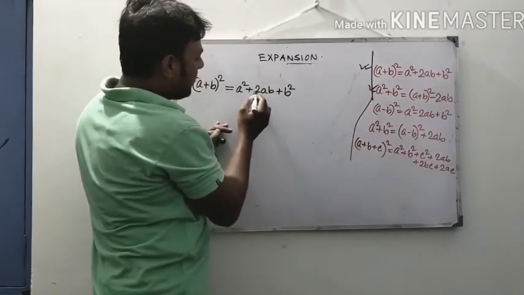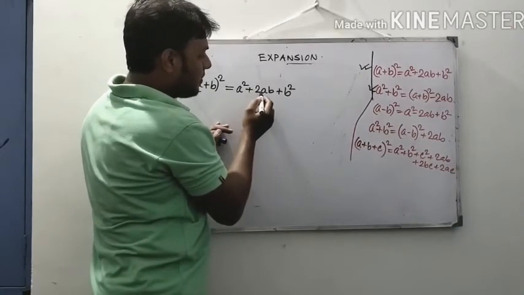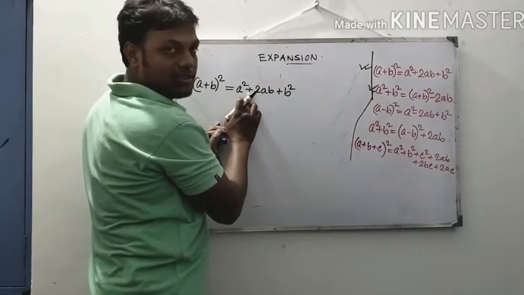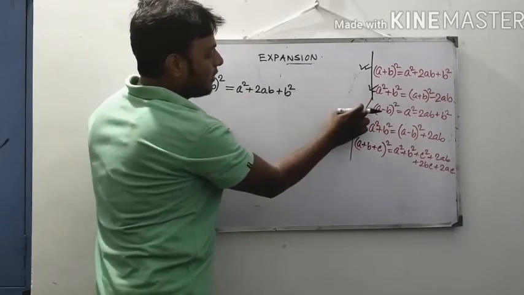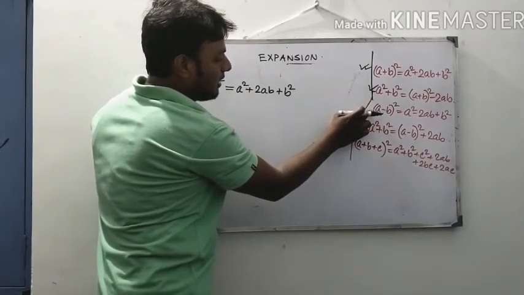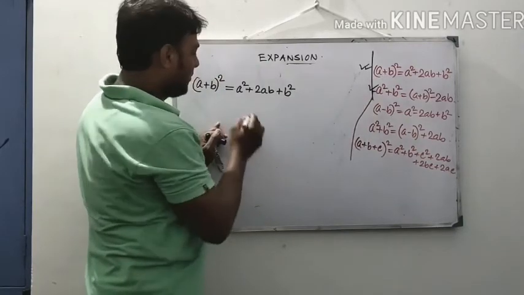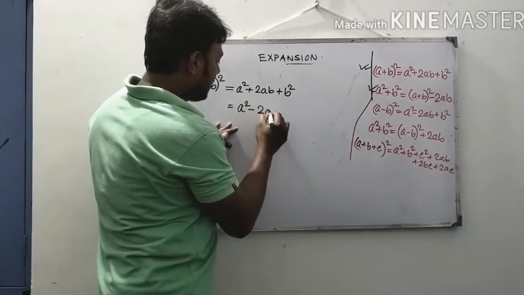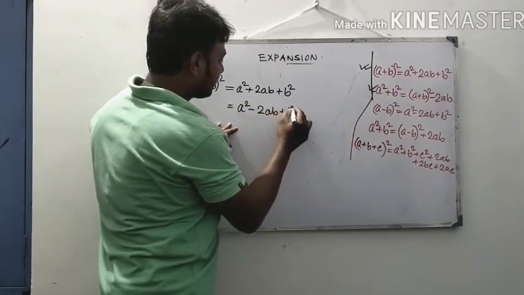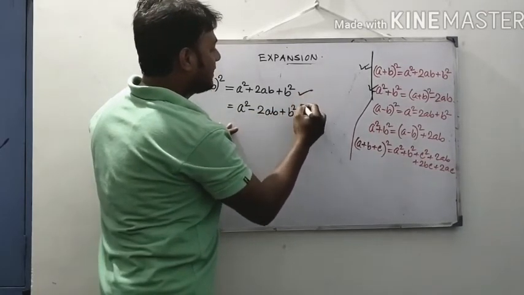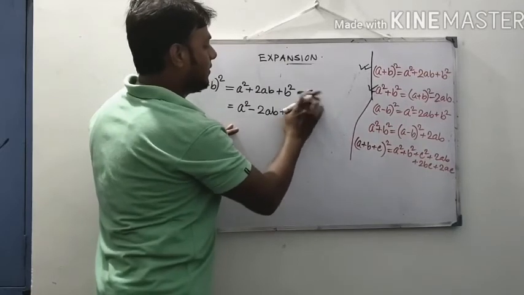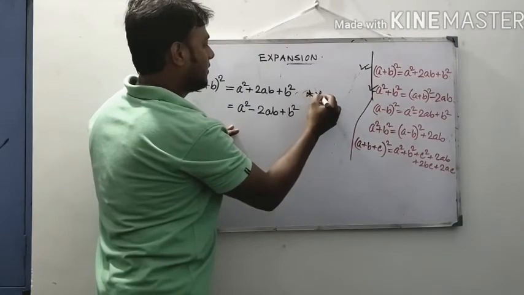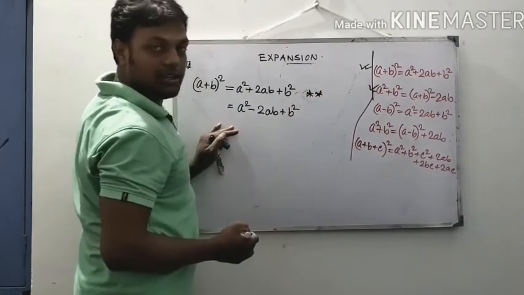So in the place of +2ab, if we have -2ab in this place, then easily we get a - b. So by force we will consider this -2ab + b². Then this line and this line are not identical right now.